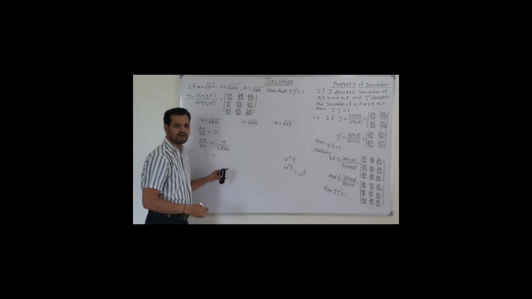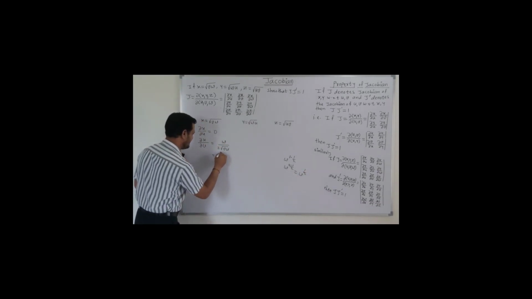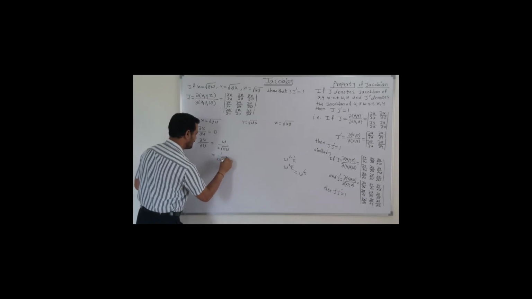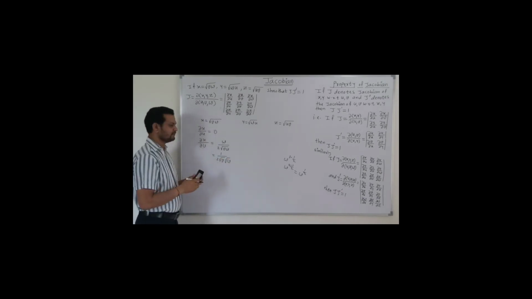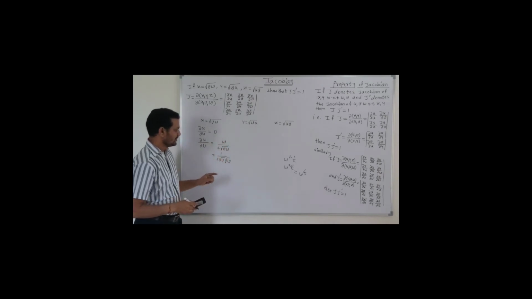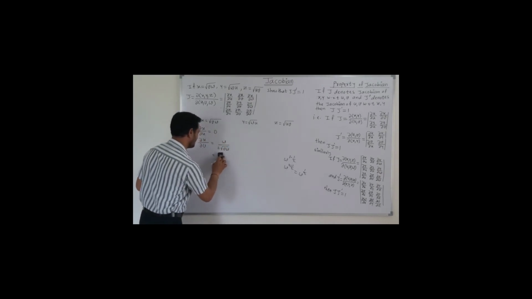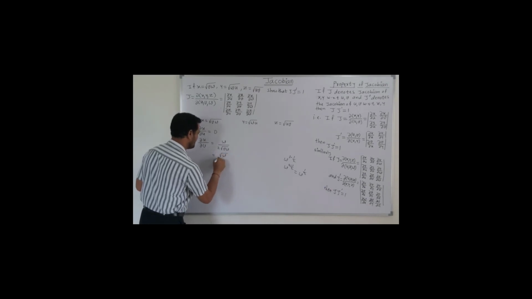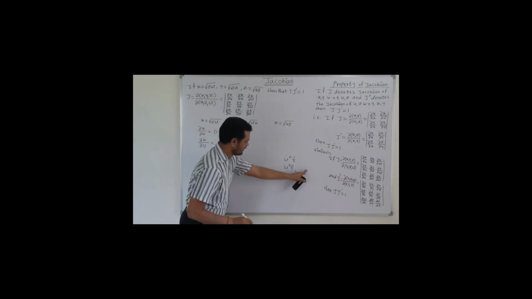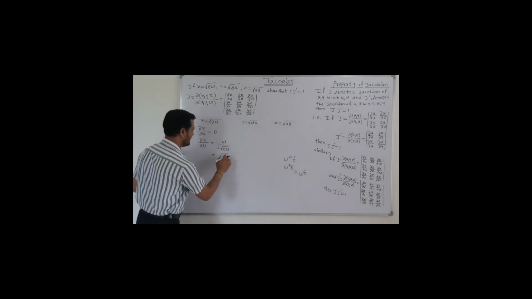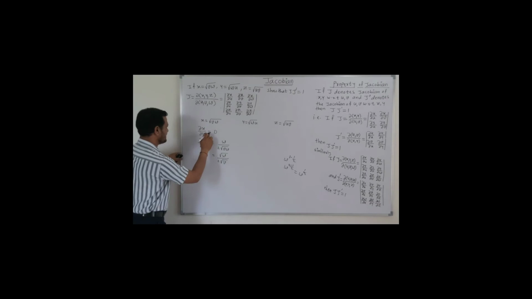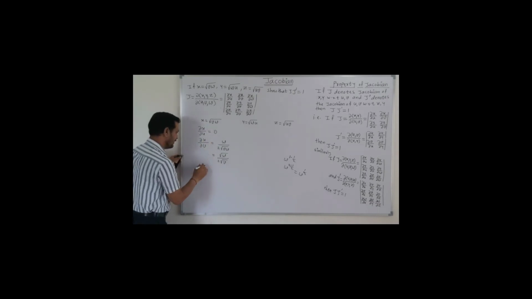So we can write this as 1 upon 2 root of v root of w. Sorry, this w is in the numerator. So we can write root of w upon 2 times root of v. The power of this term is positive, that's why we write it in the numerator. So this is the partial derivative of x with respect to v.